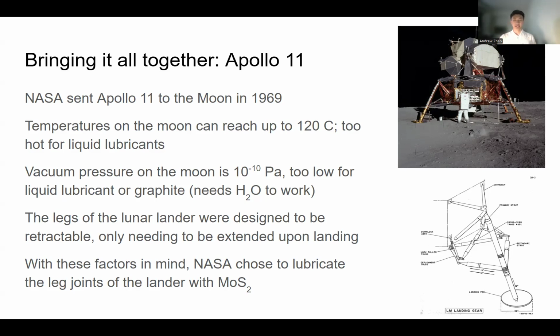So with these factors in mind, considering everything that we've discussed so far, NASA chose to lubricate the leg joints of the lander with molybdenum disulfide in the 1960s, and that's what all this research was for. They wanted to study how molybdenum disulfide operated under vacuum conditions. They wanted to study how it operated under different temperature conditions.